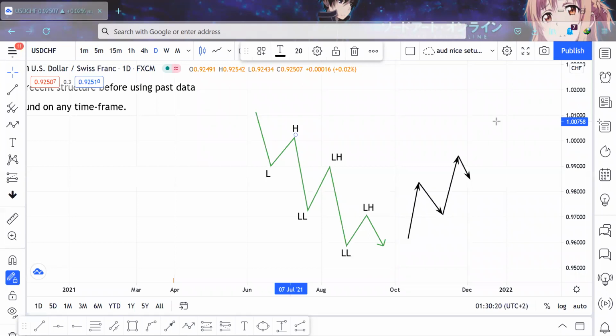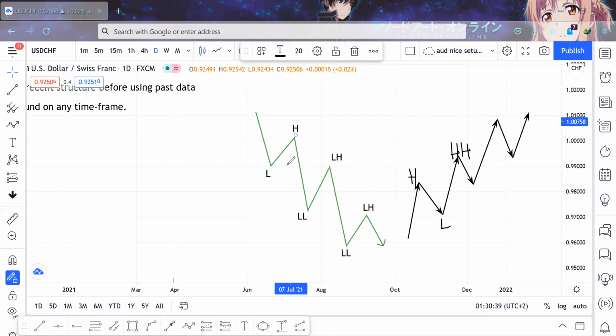Now, this is what I'm talking about here, right? Being able to identify this high here and being able to identify that the market has made a higher high, you are generally on the right track to identifying your market structure, right?